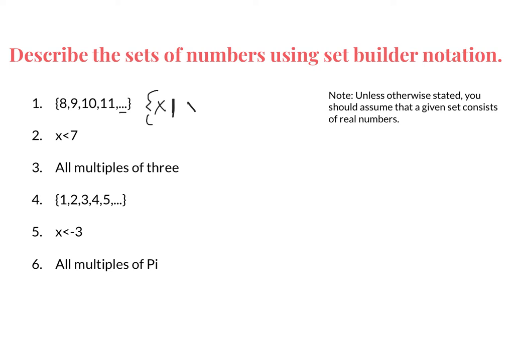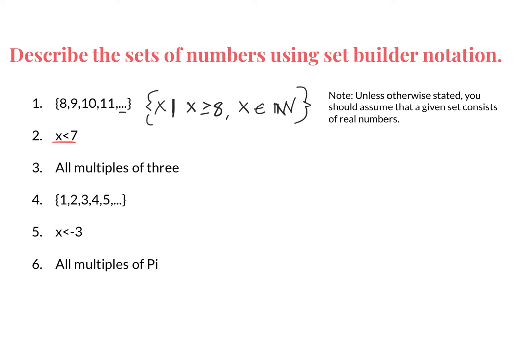Now, it's basically x is any number that is bigger or equal to 8. So x is greater than or equal to 8, such that x is a part of what subset of my numbers? Well, it looks like it's my whole numbers, because we're just including our counting numbers. There are no negatives, there are no rationals, there are no irrationals. So I'm going to use the little squiggly W to represent my whole numbers, close my bracket.